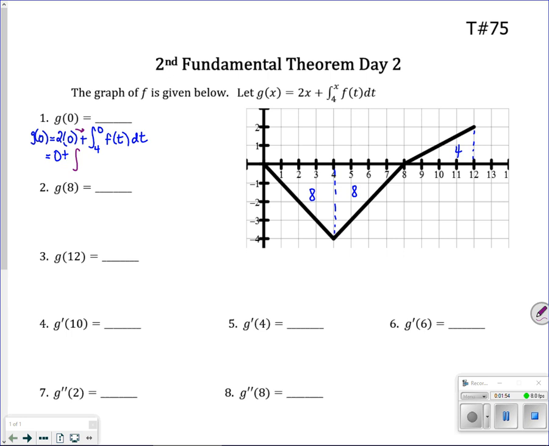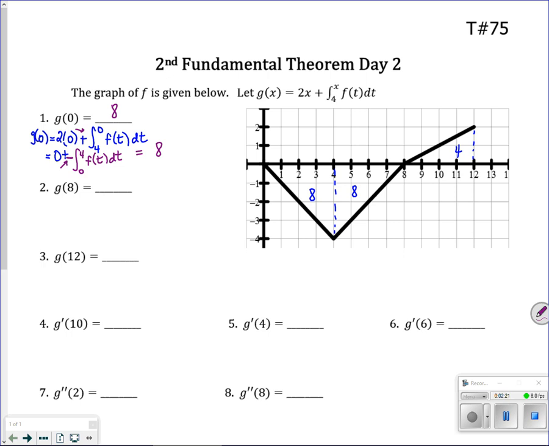I can switch this from 0 to 4 of f. I just have to remember when I switch the bounds, I have to make this negative. And so from 0 to 4 would be -8, but this negative negates that, and so I end up getting +8 for my answer.